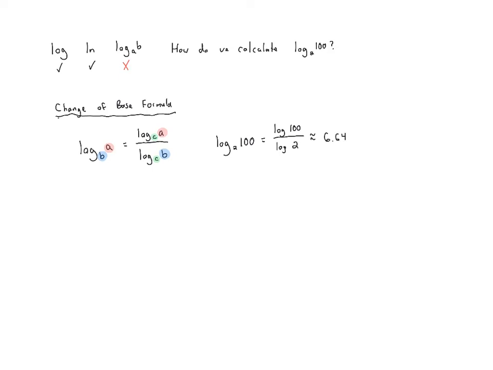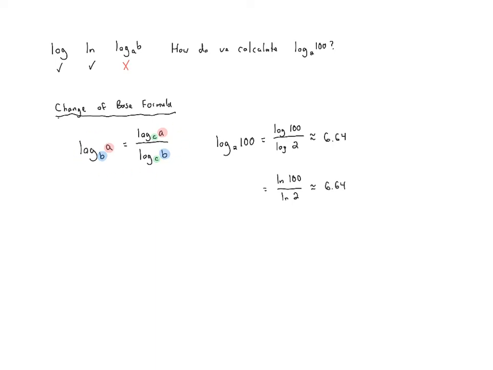We could also rewrite this as the natural log of 100 over the natural log of 2. And when we evaluate these, the individual logarithms will be different from the individual ones above, but the ratio will be the same, and we should still get approximately 6.64.